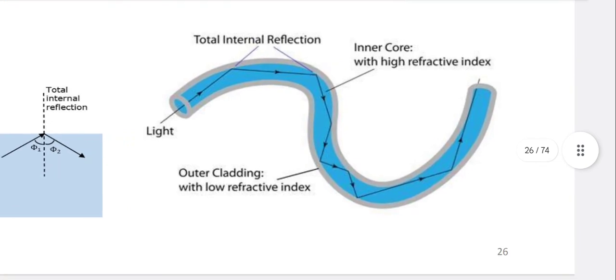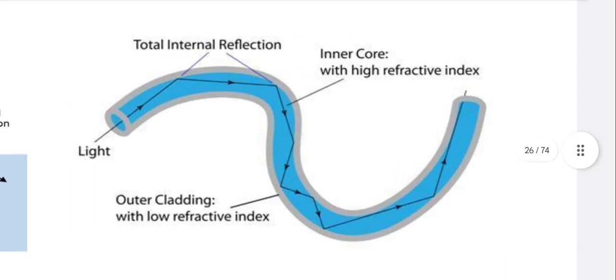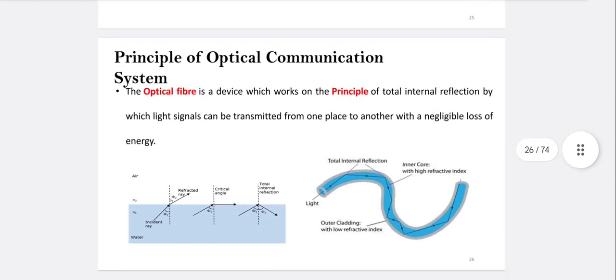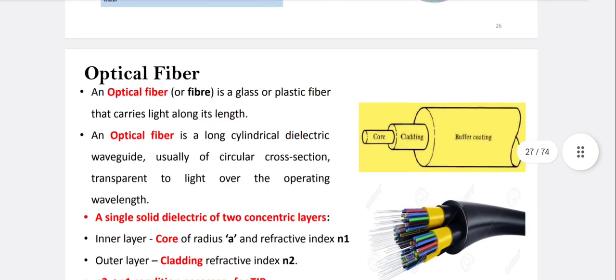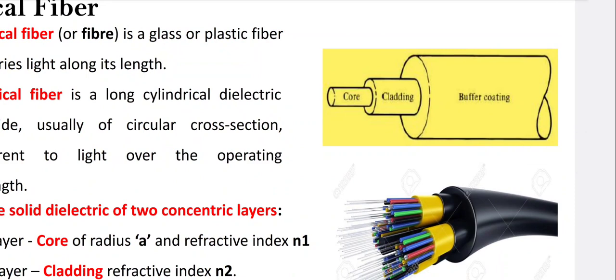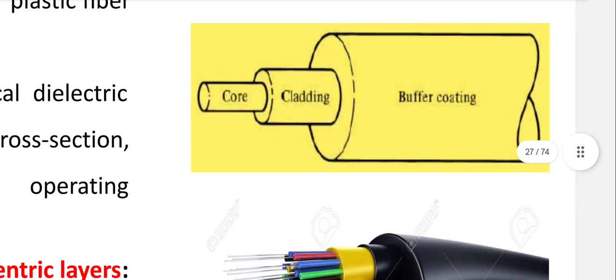This is a schematic representation of how total internal reflection can occur in the optical fiber cable. The optical fiber cable consists of three layers: core, cladding, and buffer coating.